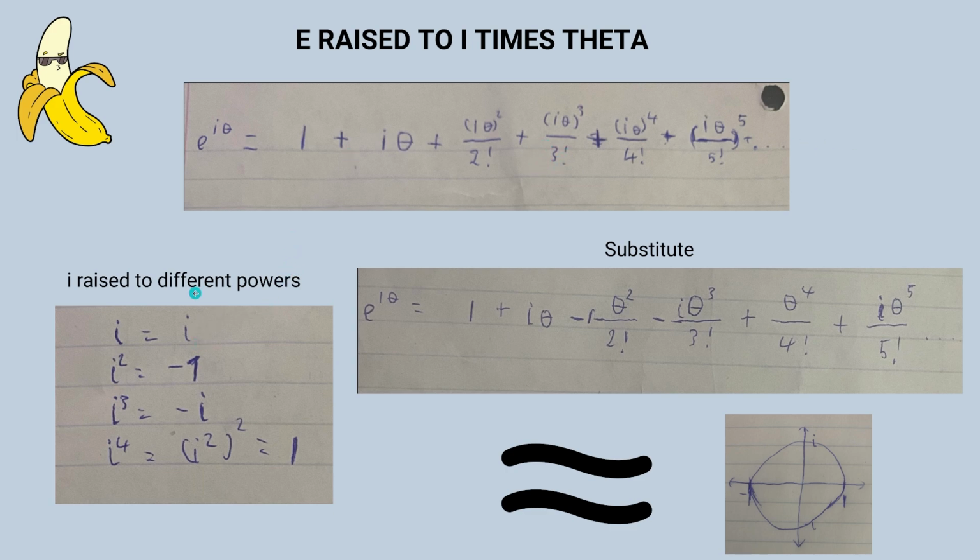However, when substituting i with its exponential form, you arrive at a new expression. Interestingly, this latest expression features alternating signs. Observe the signs.